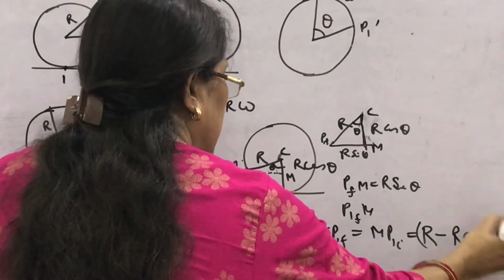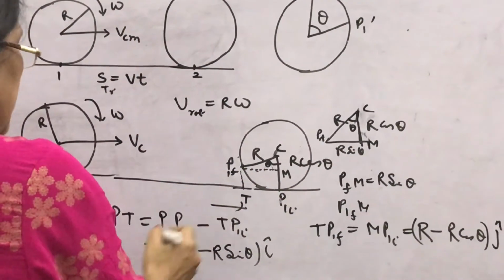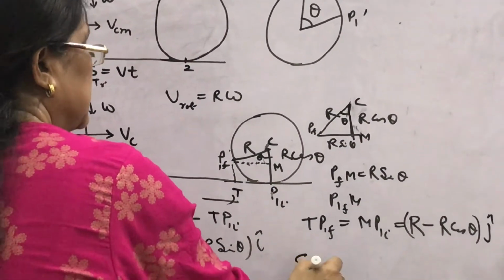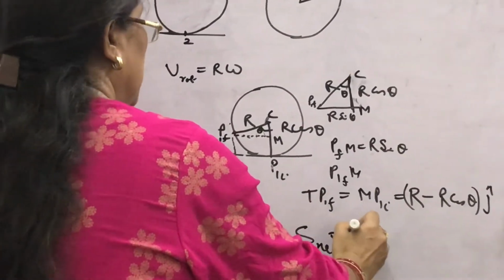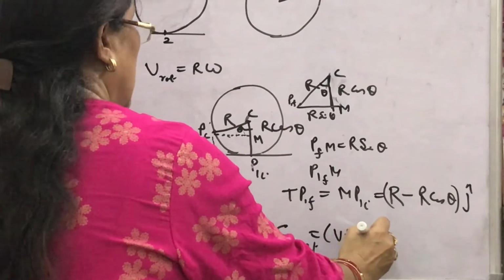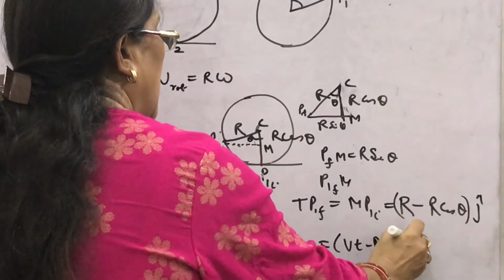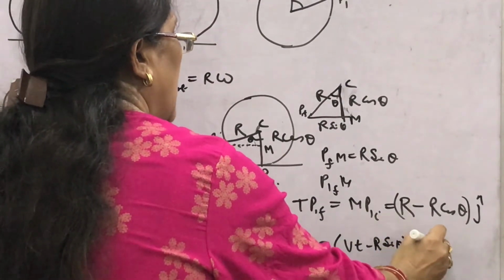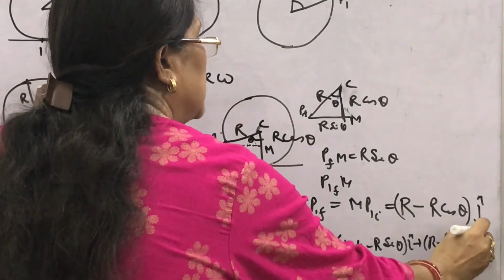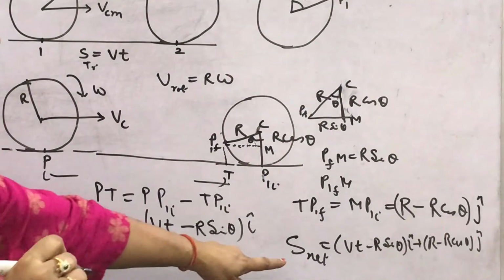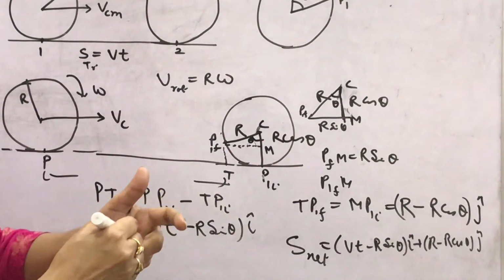So you write it with the j cap. Therefore, what will be the net displacement? Net displacement will be Vt minus R sin theta I cap plus R minus R cos theta j cap. This will be the net displacement.